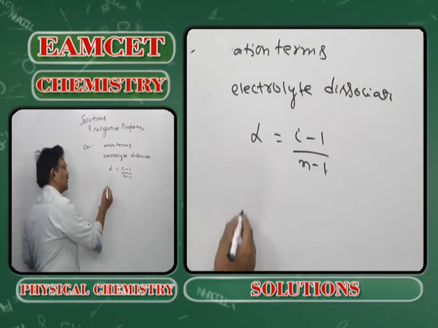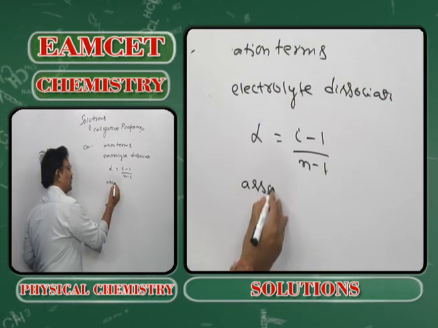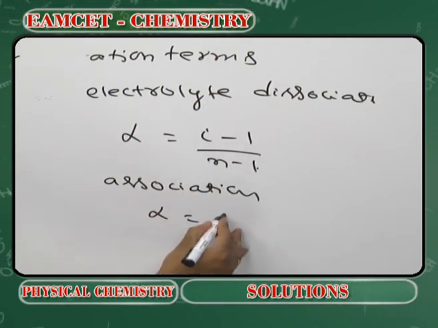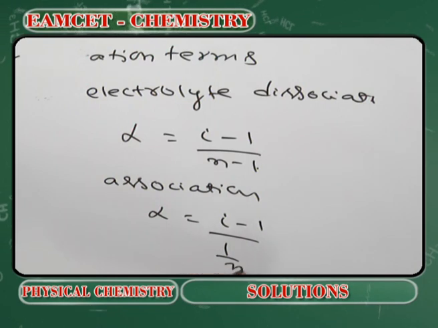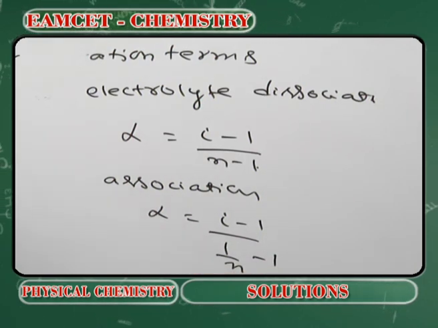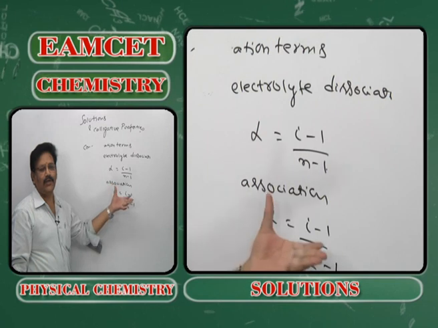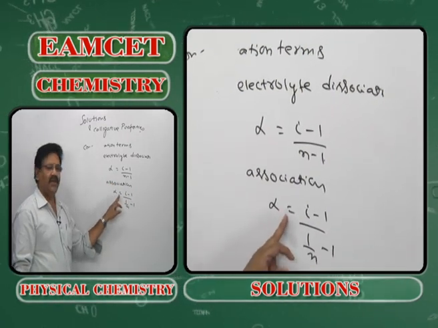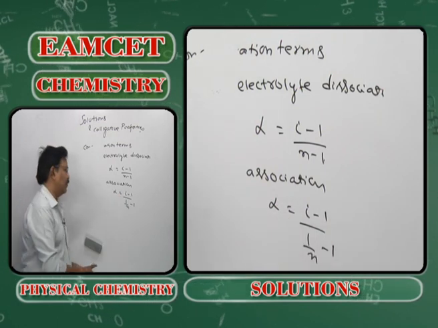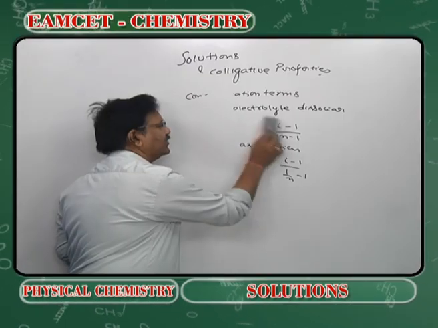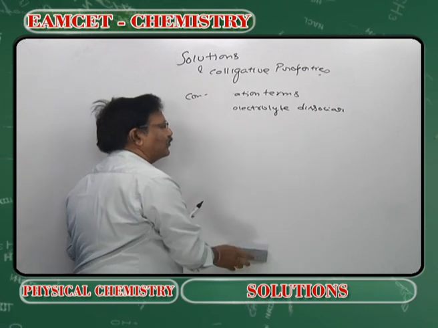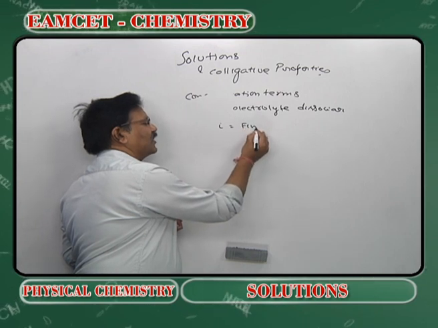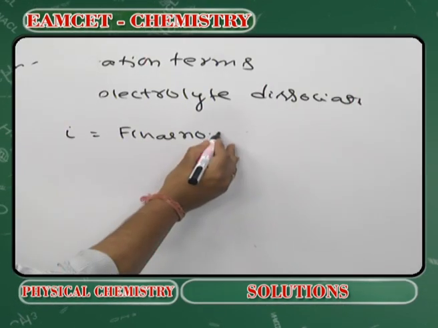In case of the association, alpha value will be equal to (i minus 1) by (1 by n minus 1). If the electrolyte undergoes association, then this is the relation between alpha value and i value. So basically by definition, what is i value?